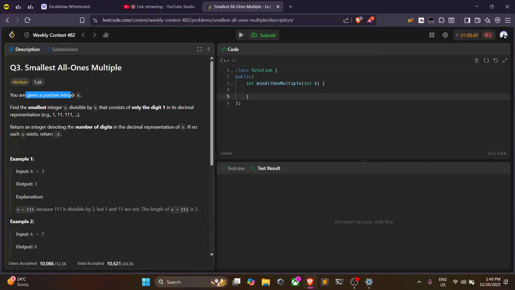Okay, so you are given a positive integer k and find the smallest integer n divisible by k that consists of only digit 1 in its decimal representation. Return an integer denoting the number of digits in the decimal representation of n.